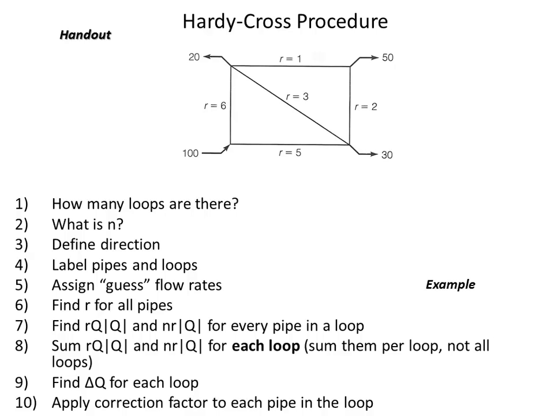This 50, though, is going the opposite direction of clockwise. See how it's from the left towards the right? Well, loop 1 is actually going the other direction. And so that flow rate, when I write it down on the board, is going to be negative 50. So my flow rate for pipe 1-4 is 50, for 1-3 is 15, and pipe 3-4 is negative 50.